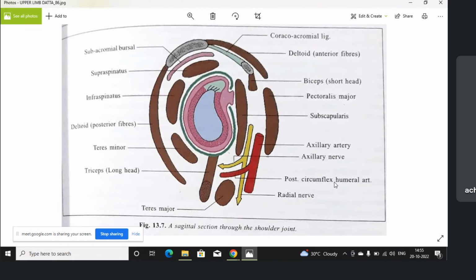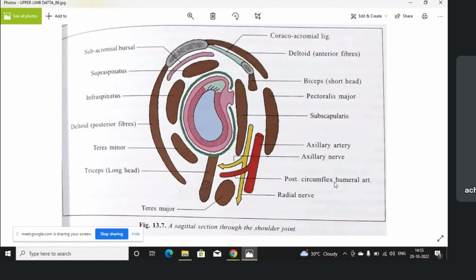Next, posteriorly: infraspinatus muscle, teres minor muscle, posterior fibers of the deltoid. Next, above muscle, only one: supraspinatus muscle.